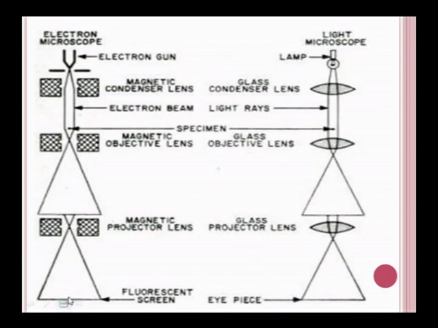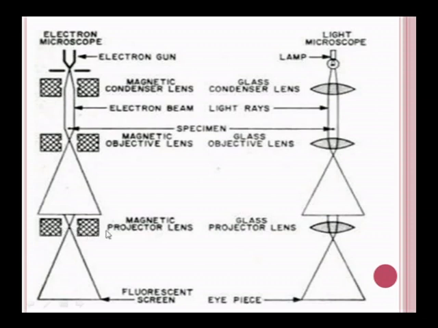As a result, the image is seen on a fluorescent screen, just as in the eyepiece of a compound microscope. So this is the concept of using electromagnets to either diverge or converge the electrons.